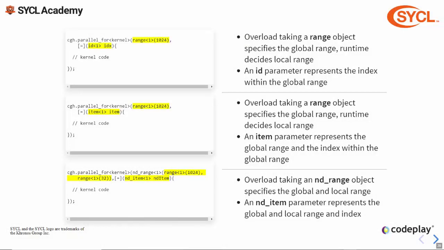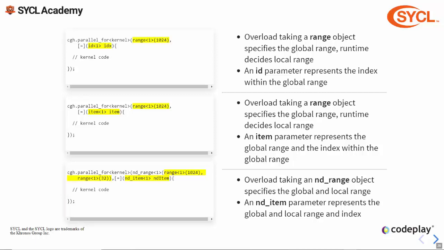The first takes a range object, which represents the global range, and the callable takes an ID, which represents the global ID within that range. In this variant, the local range is decided by the runtime. This is useful for when the kernel function doesn't need to know the size of the workgroup. The next takes a range object, again representing the global range, but in this case the callable takes an item object.